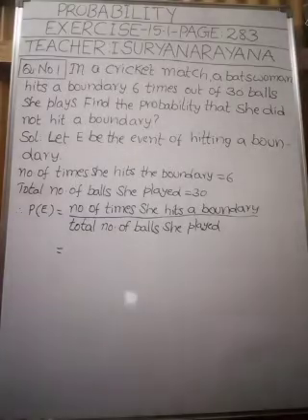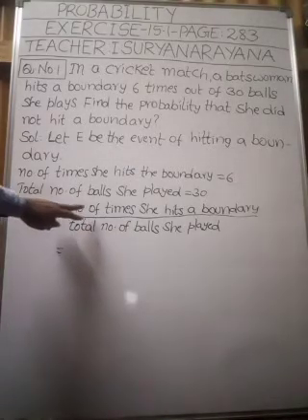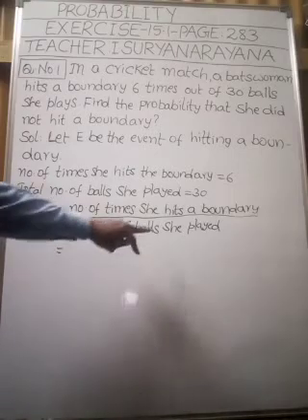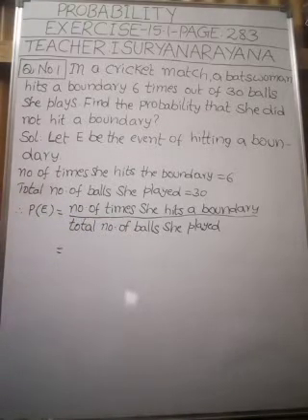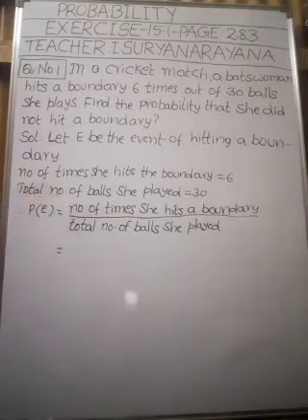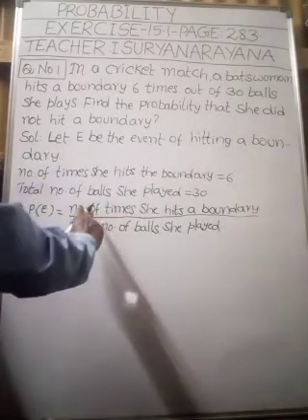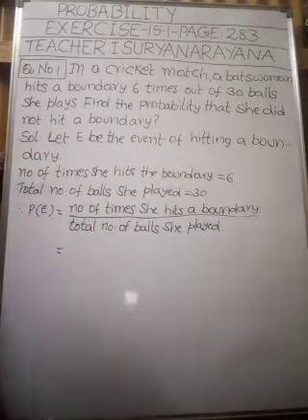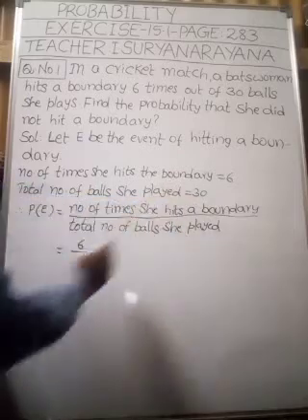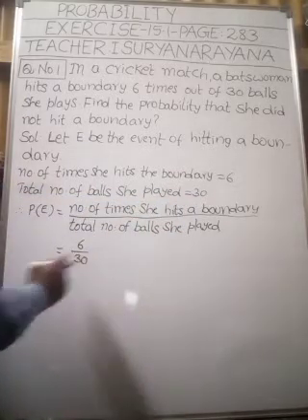Okay, my children. To find the probability of this event, this is the formula. So what is the number of times she hits a boundary? 6 by total number of balls she played? 30. Understood this statement, children?